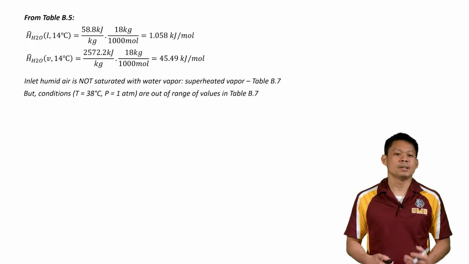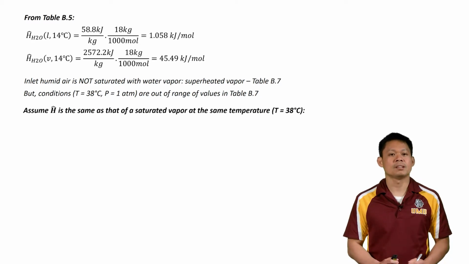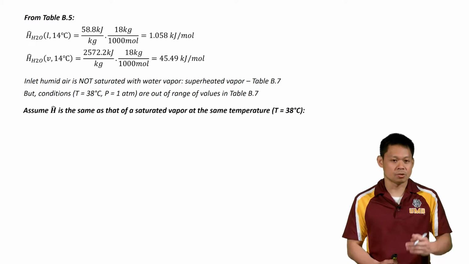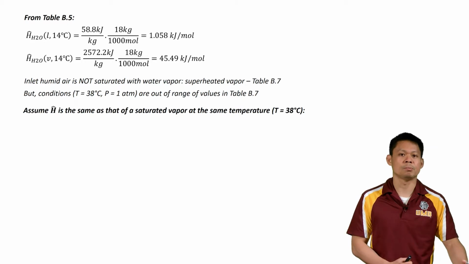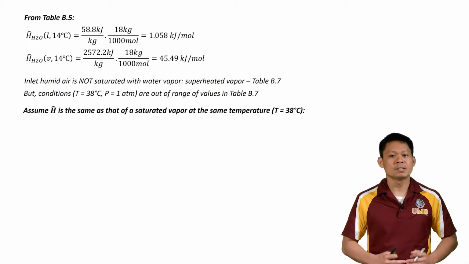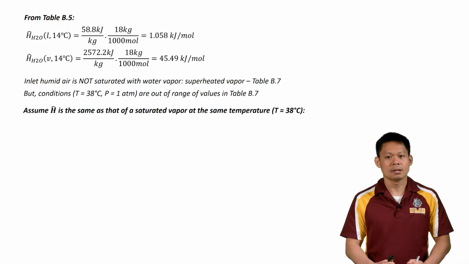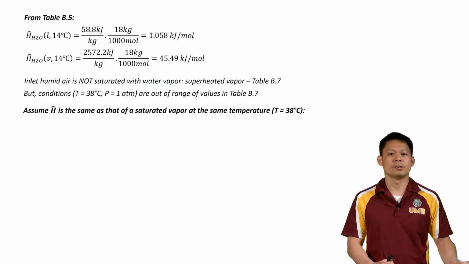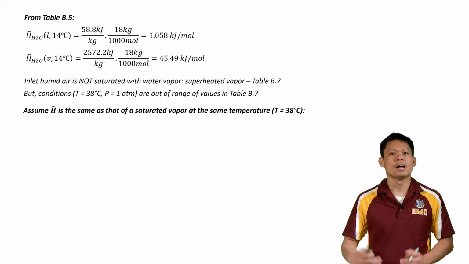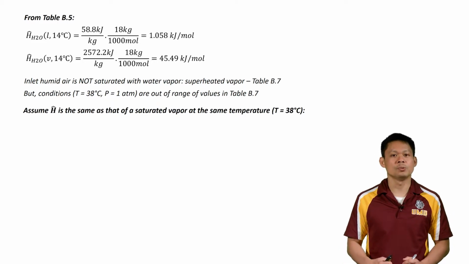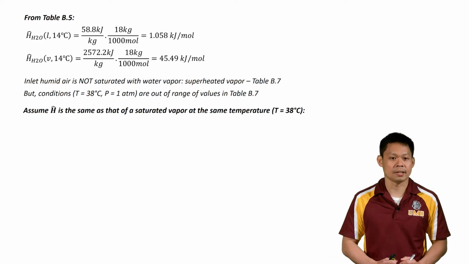What we can do is to make an assumption. We're going to assume that the specific enthalpy of this stream is the same as that of a saturated vapor at the same temperature. So that allows us to use table B5. We will keep the temperature of 38 degrees C, but we'll toss out the pressure. We're going to assume that the effect of pressure is negligible compared to the temperature, and we will actually show that is true when we start to talk about thermodynamic correlations.